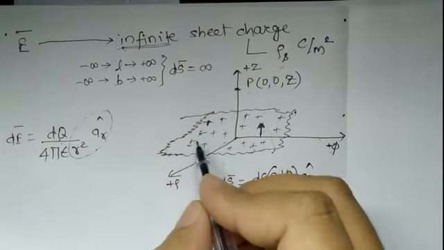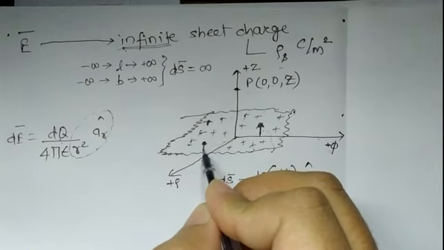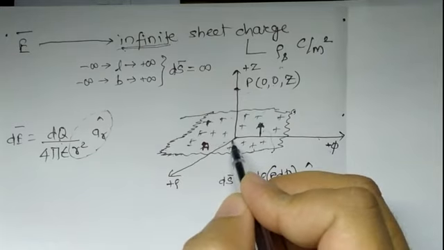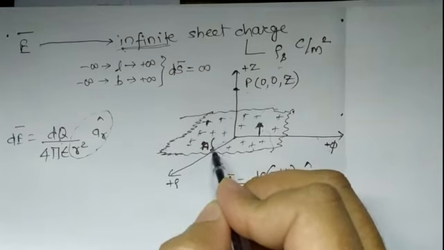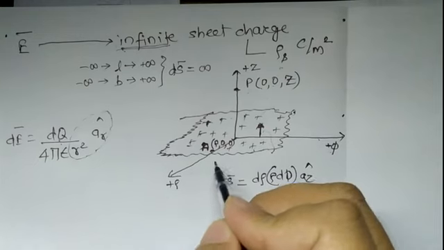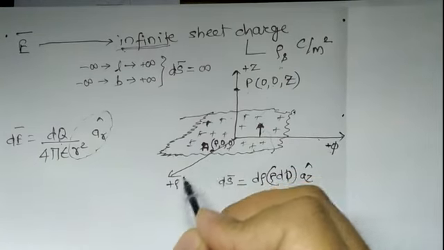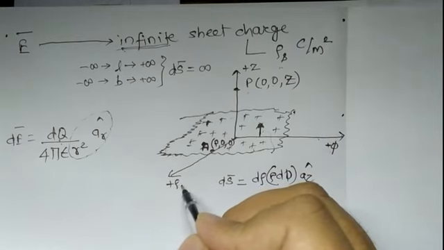Now consider another point, say A. So consider this charge is our A charge, and since this point A is along the x axis, its coordinate will be rho 0 0. Deliberately I'm considering the point A along the x axis. For the time being we are considering it as the rho axis.